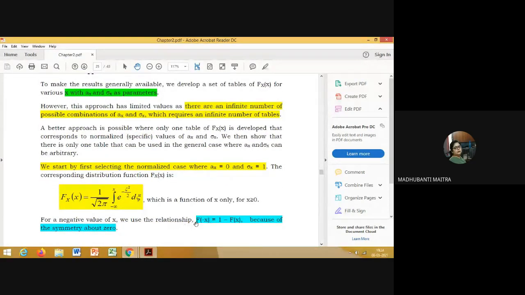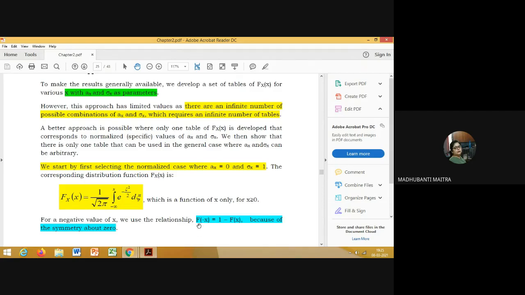So for negative values, actually, the table that we get is generally available for positive values of x, for x greater than or equal to 0. But if x is negative, then we can find the probability that the random variable x is less than or equal to minus x.